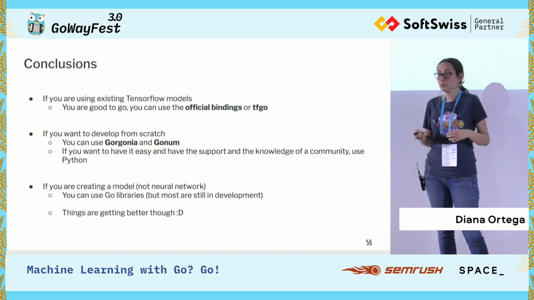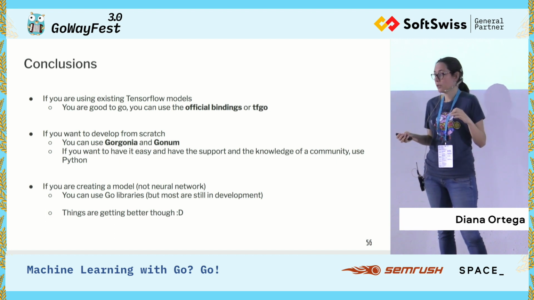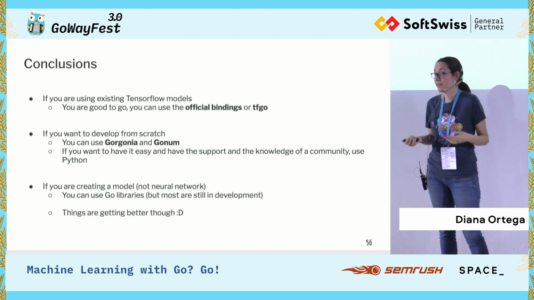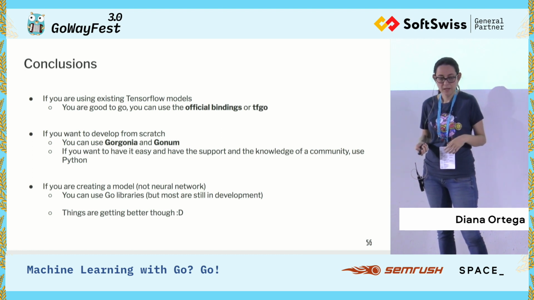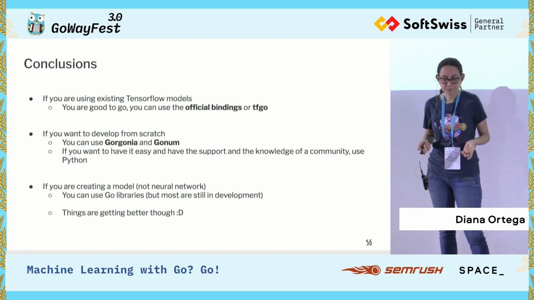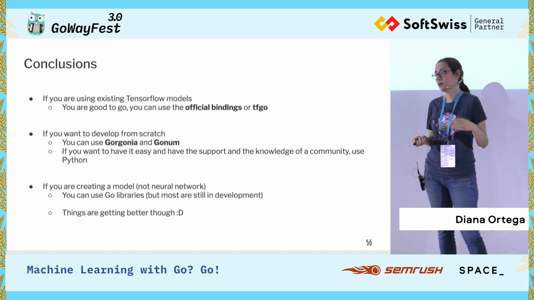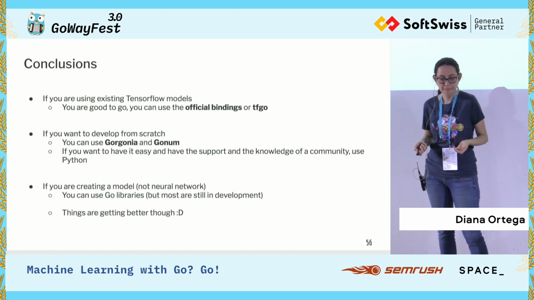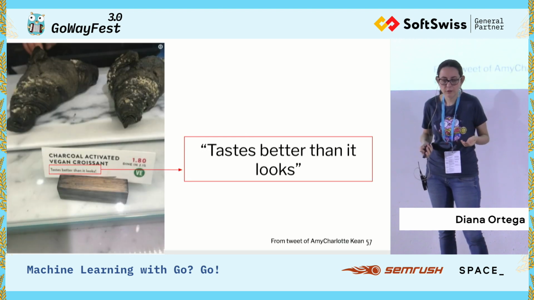But if you don't want to think a lot and want all of the support of the community, the libraries with Python are more mature in this sense. If you are creating a model that is not a neural network, you can use Go libraries, but they are still in development. Things are getting better.